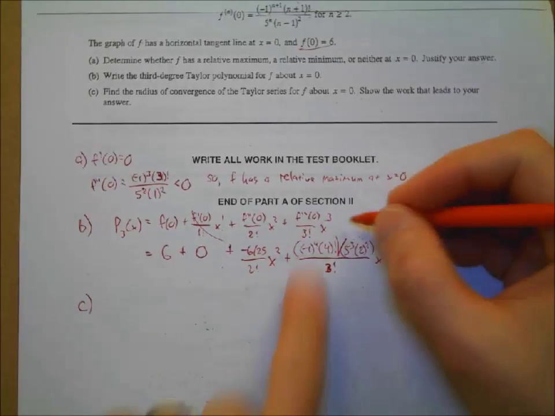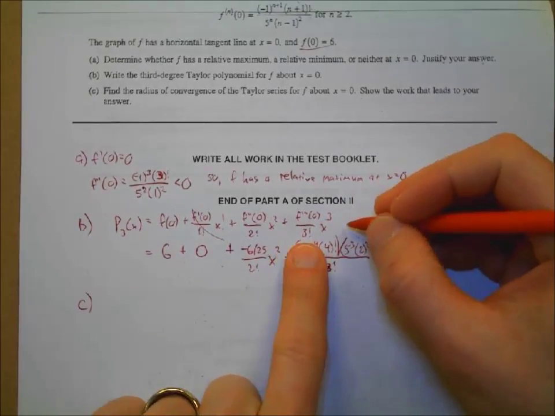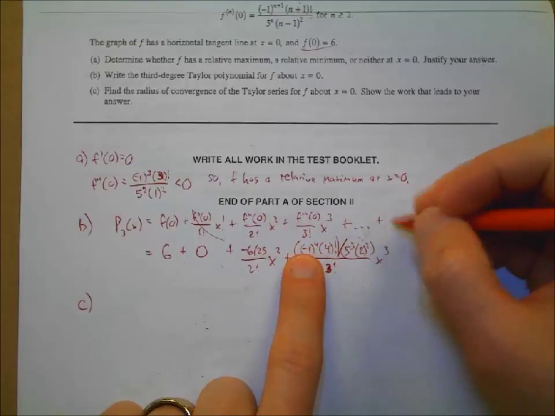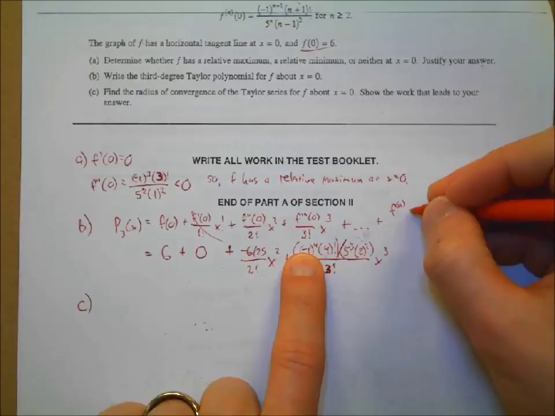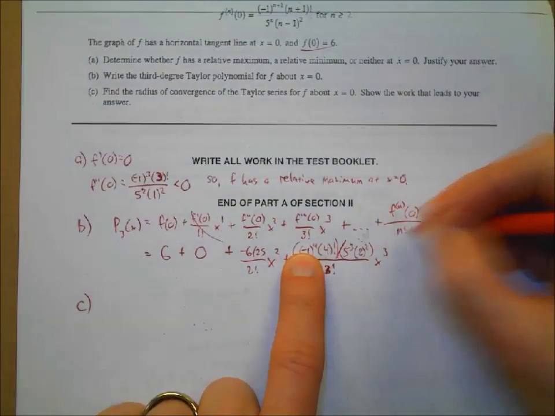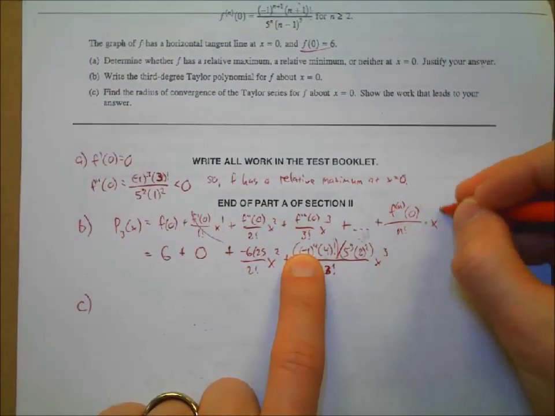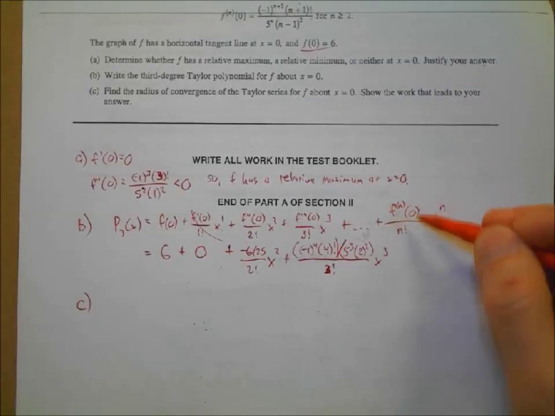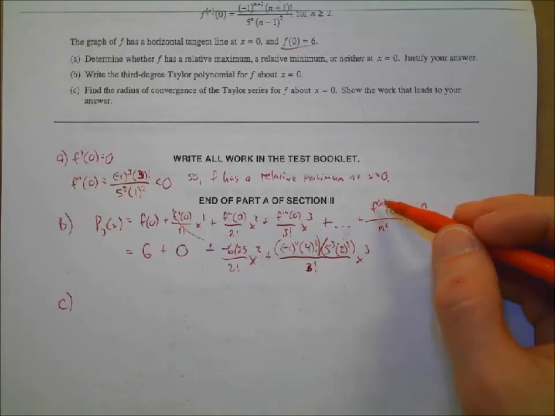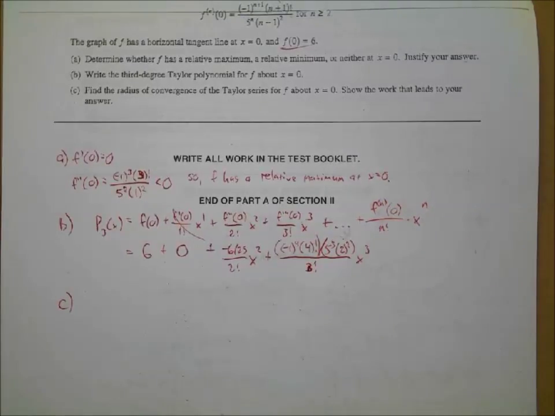If you were to continue this out, plus dot dot dot, the general term would be the nth derivative of f at 0 over n factorial times x to the n. That would be our general term, extra general because I don't have the actual nth derivative written in. So if we're trying to find the radius of convergence, how do we go about doing that? What should we do?